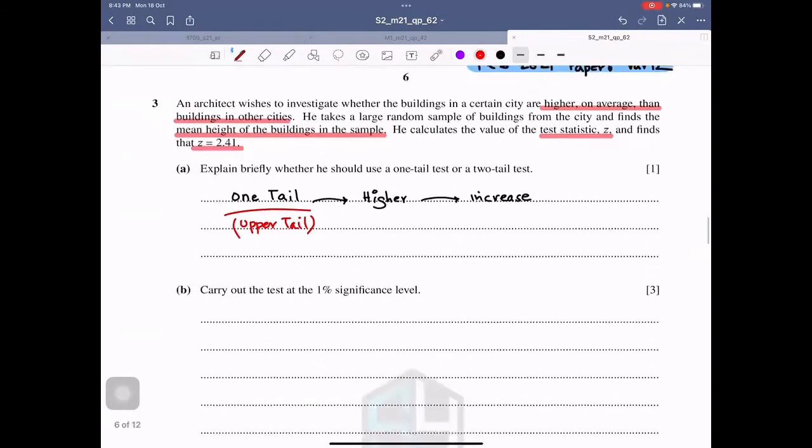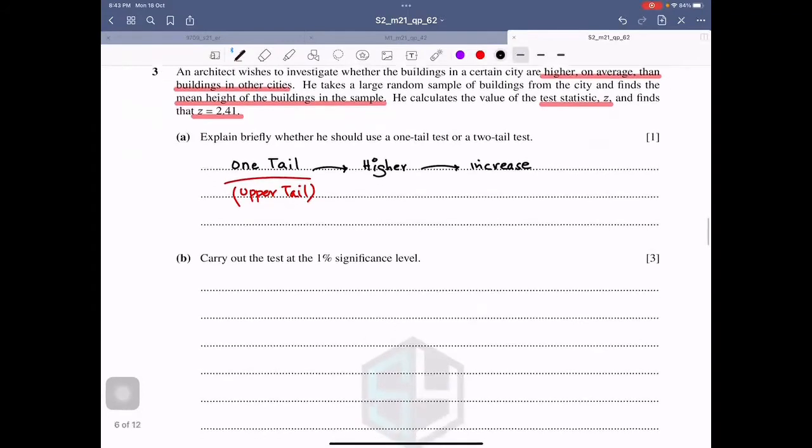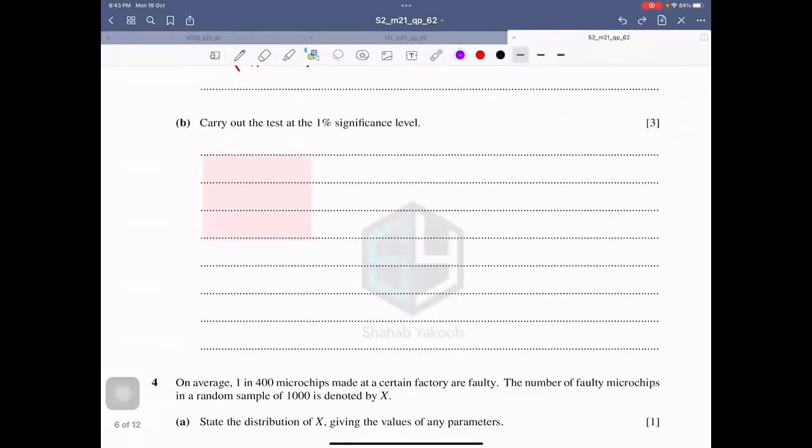Carry out the test at the 1% significance level. Now write everything that is relevant down over here. Let me make some boxes that we usually make. The first box should have the necessary info in it. Let me draw a second box, and a third box also.